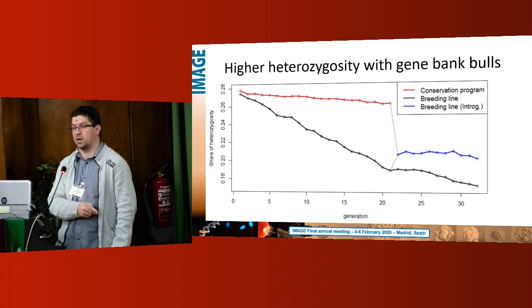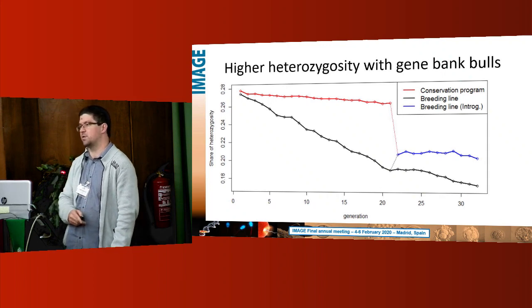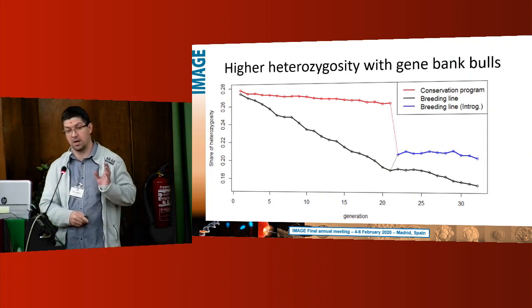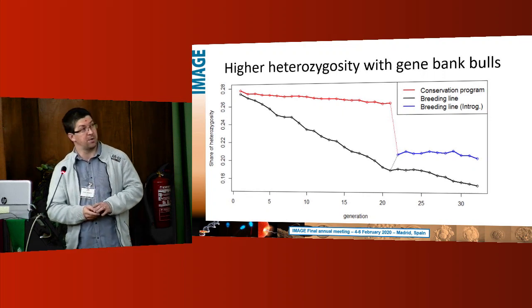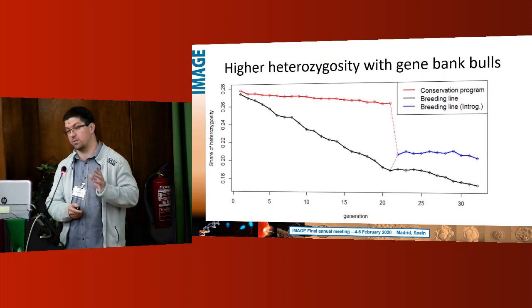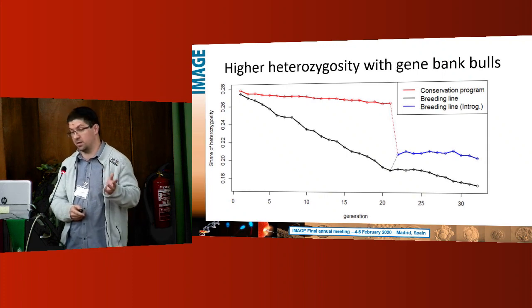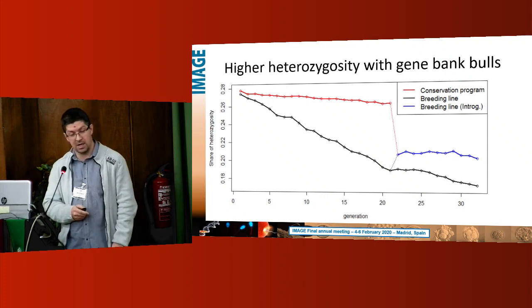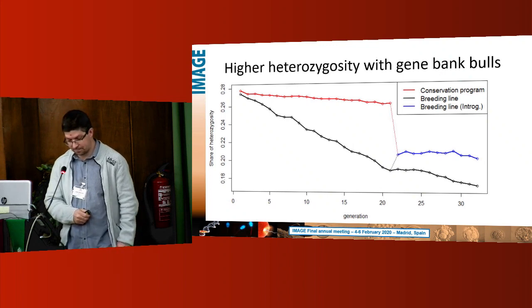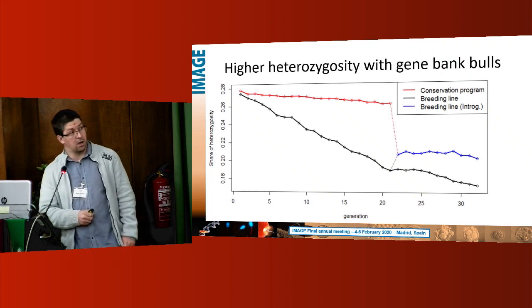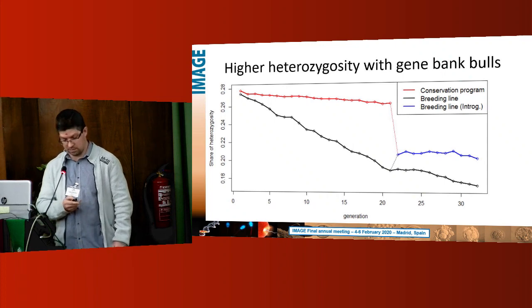Now, with this step, we wanted to demonstrate what happens if we take animals from the conservation line, that is the gene bank material, and put them into the breeding program animals.